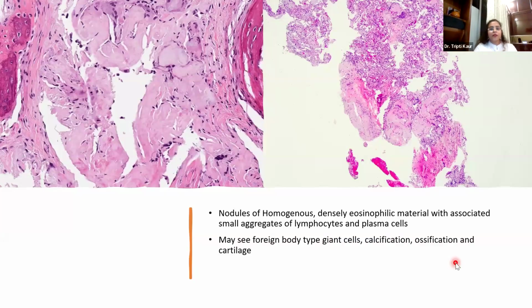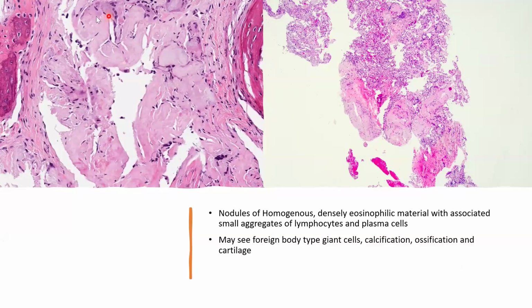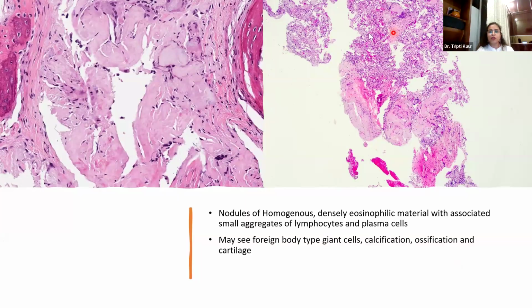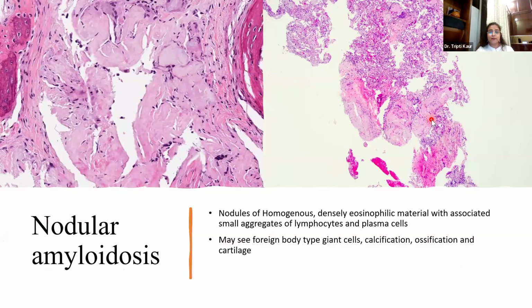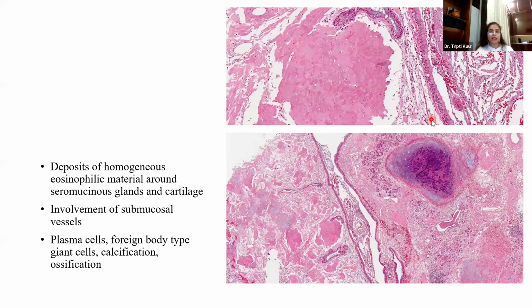So, what is this? Quickly, anybody? Very eosinophilic. Amyloidosis. Very good. So this is a case of nodular amyloidosis, usually incidentally found in lung biopsies. Okay, these may have foreign body type of giant cells, calcification, ossification, and cartilage. Then what is this?